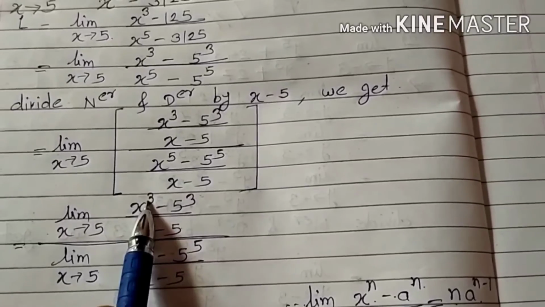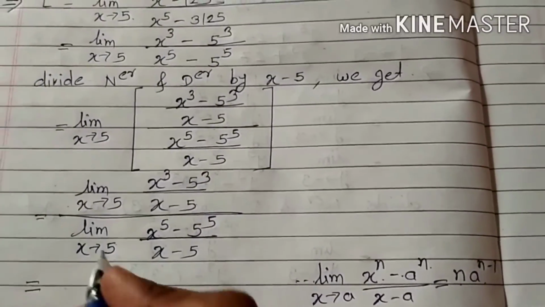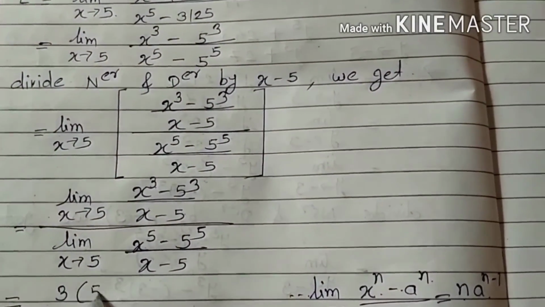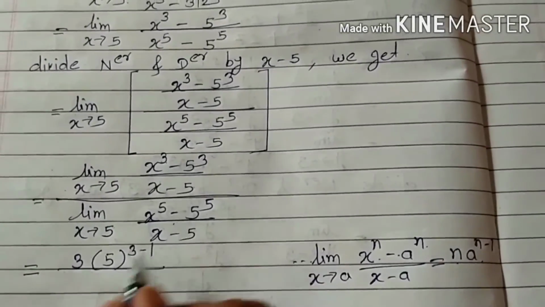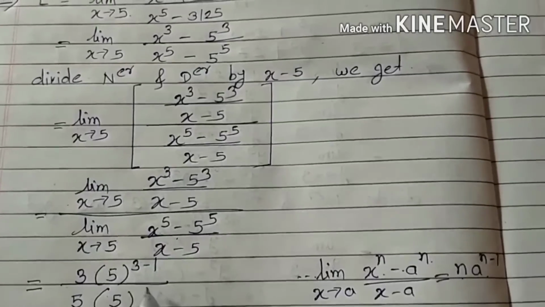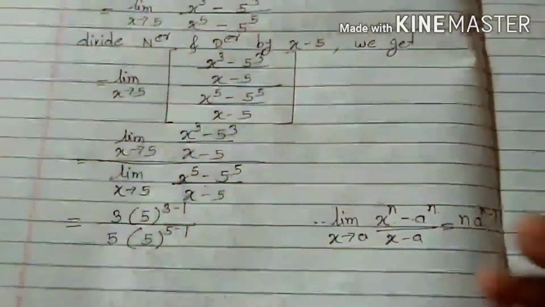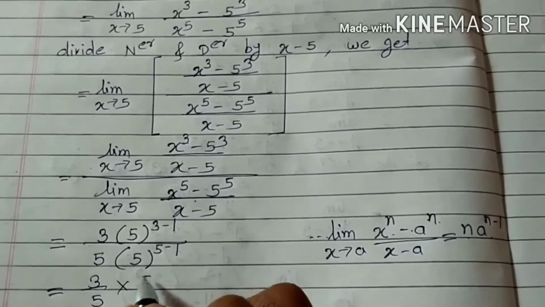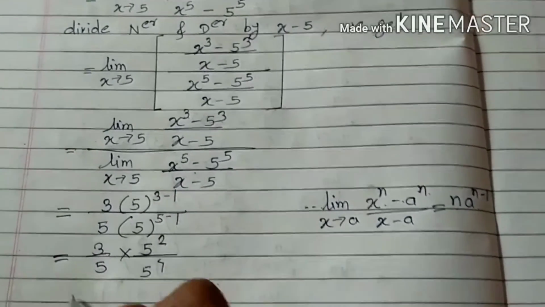Here the power is 3 and here the power is 5, so the answers are different. Here the power is 3 and the constant is 5, so 5 raised to 3 minus 1; here the power is 5, the constant is 5, and 5 minus 1. So it is 3 upon 5 into 5 raised to 2 upon 5 raised to 4.